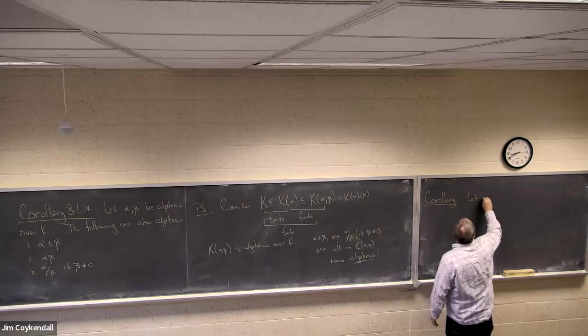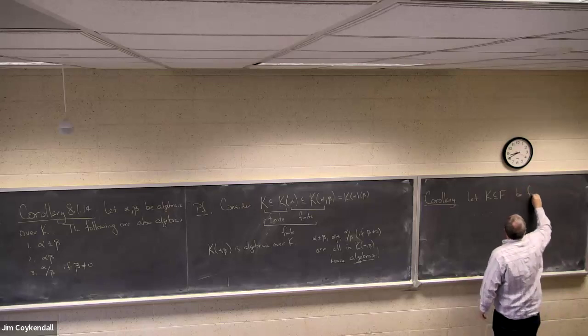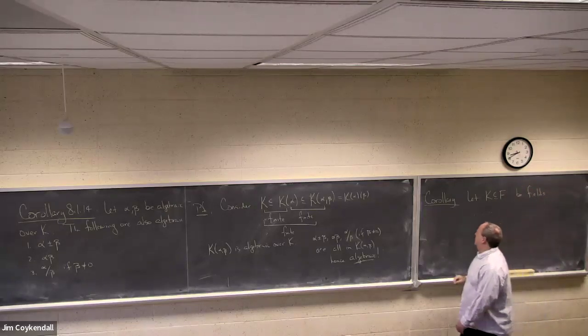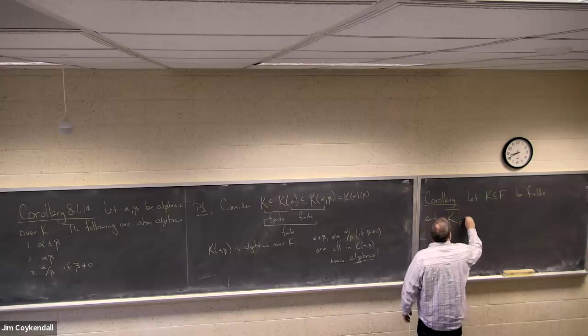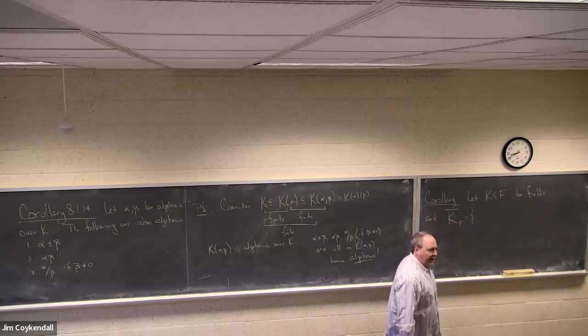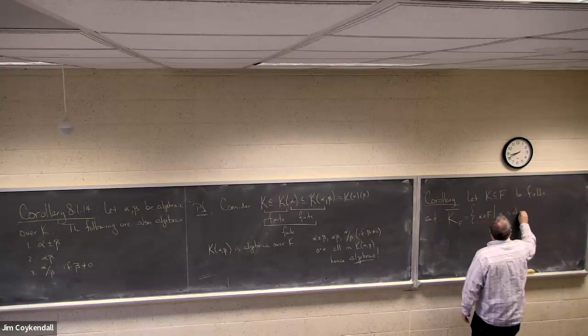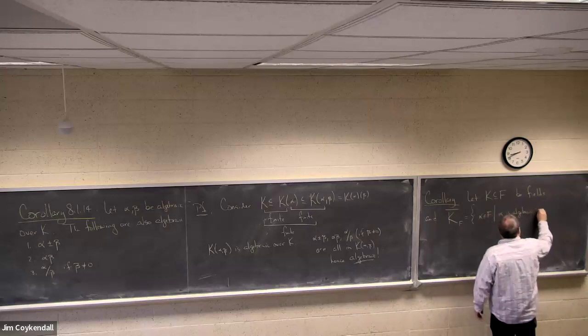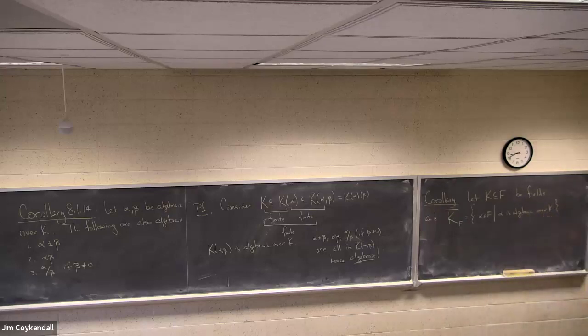Let F be an extension of K. And one big notation here: I'm going to say K bar F is the set of alpha in F such that alpha is algebraic over K. Let me point out, just so I've got all my ducks in a row, that if alpha is in K, then alpha is algebraic.